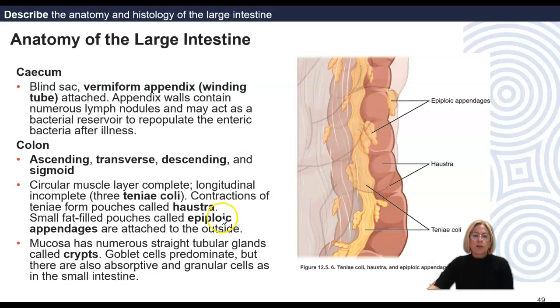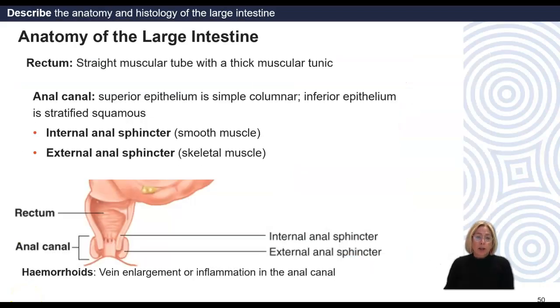The mucosa has numerous straight tubular glands called crypts, and the goblet cells predominate, so they're going to be producing mucus, but there are also absorptive and granular cells in this, as in the small intestine. The rectum then is a straight muscular tube with a thick muscular tunic.